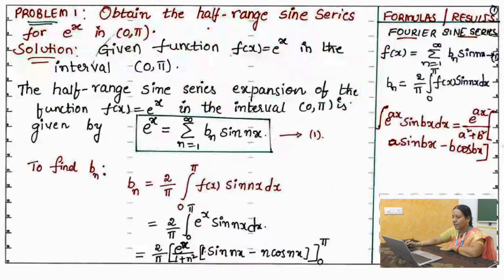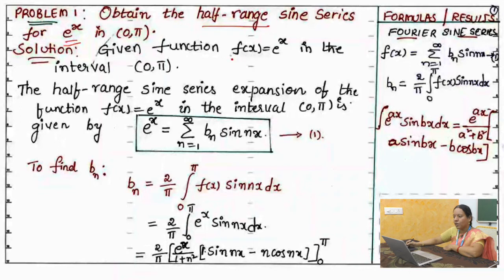Half-range series for the function e power x. You know that this is clearly a continuous function. So, we are going to calculate the half-range sine series for a continuous function. Half range in the sense, clearly your interval is 0 to pi here. So, first write down your function.